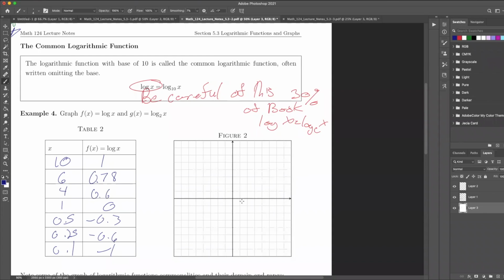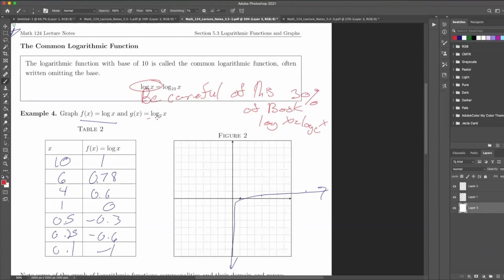When we graph this, we'll start here, and at 10, I'm only at 1. At 6, I'm at 0.78. At 4, I'm about here. And so it comes in, goes through, comes back down, goes like this. Okay, so this is log base 10.